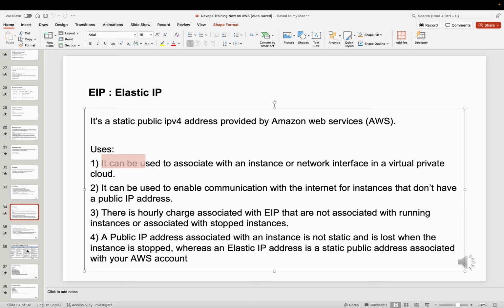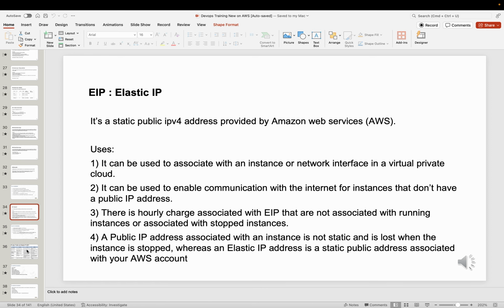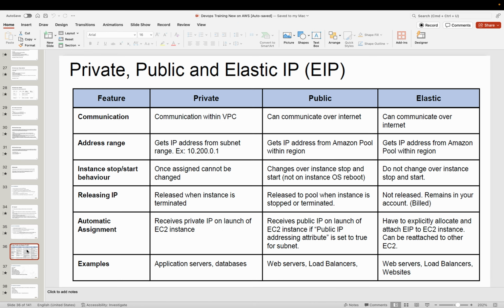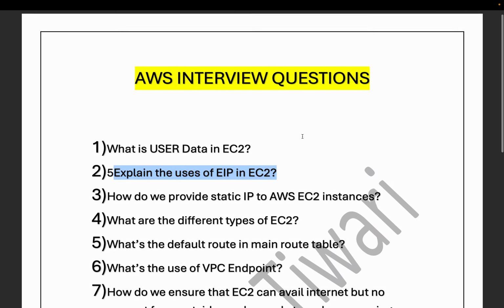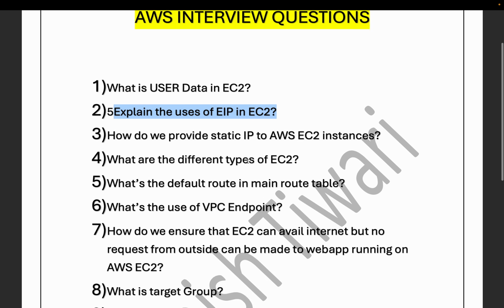Whether you have a private EC2 instance or a public EC2 instance, whenever you stop and start the EC2 instance, its public IP gets changed, correct? But if you want the same public IP across the multiple states of your EC2 instance, you can launch one EIP and associate it with your EC2 instance. That will have a cost, but it will give you a static IP address for your EC2. So that's the usage of EIP in EC2.